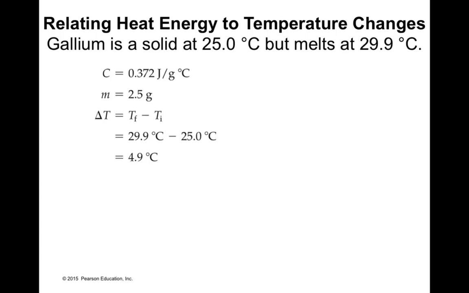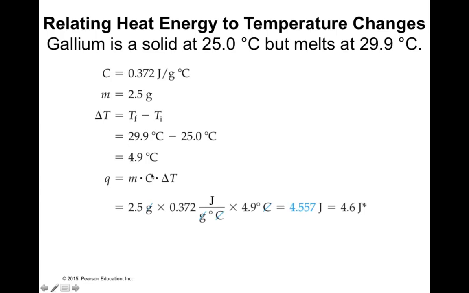Now we look for the formula, and we have the mass, we have the specific heat capacity, and we have the delta T. So we just substitute those values in this equation, and then we start to cancel the units, grams with grams. This is in the denominator, this one is in the numerator, so we can cancel this. The degrees Celsius, we cancel this one that is in the numerator, and this one is in the denominator, so we can cancel those units, and we stay with the joules.